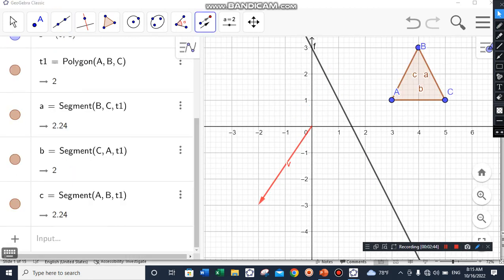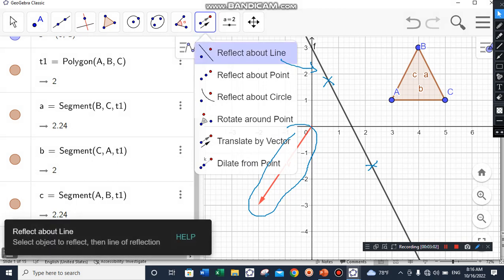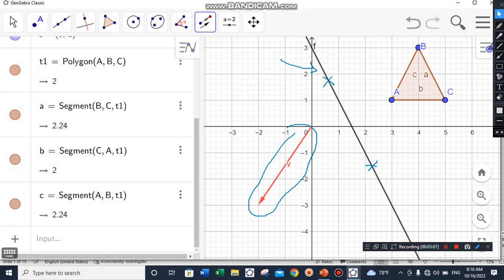Same if you have here, for example, a vector V. As you can see, I want to translate this line. You can either pick 2 points on the line and translate the line, or translate the whole line. If we do the whole line, you can see you're going to have the same line parallel to that vector. So I want to translate according to this vector.